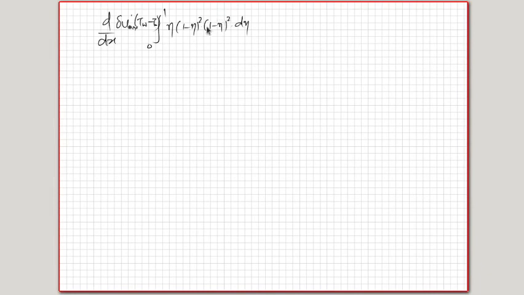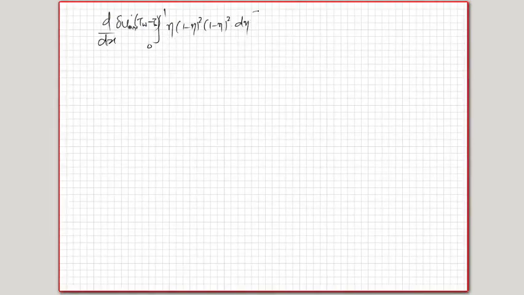Okay, so this (1 minus eta) whole square is the temperature profile, T minus T infinity by T1 minus T infinity. So you have T1 minus T infinity into this, and this is u by u max. So there's a u max into this, which is u, and dy is delta d eta. So this is the delta that comes out here.